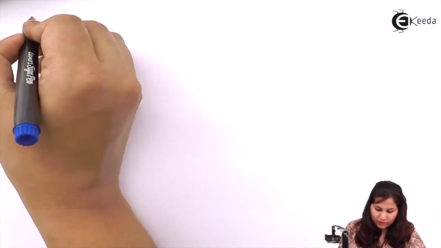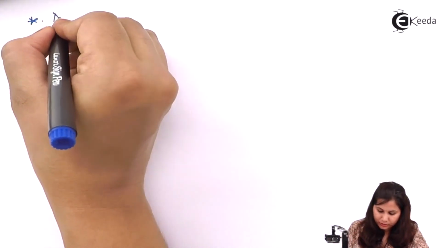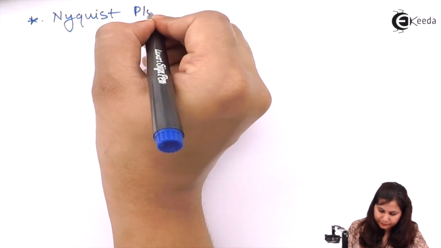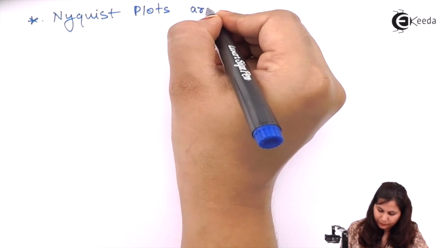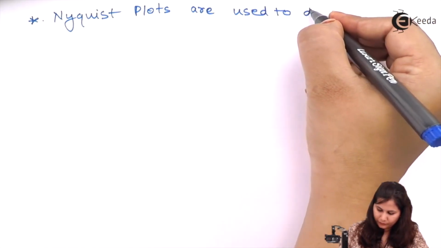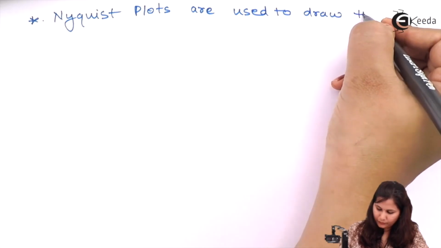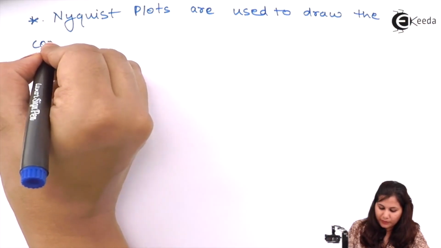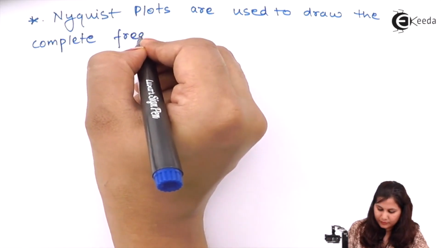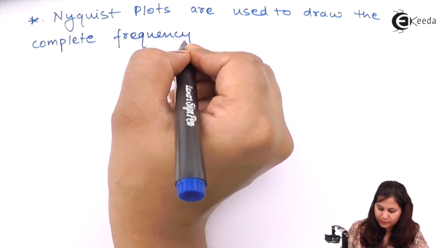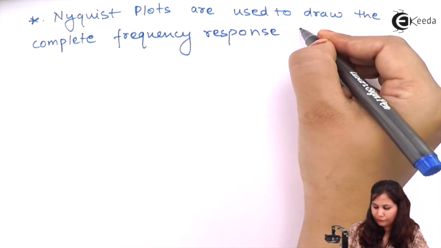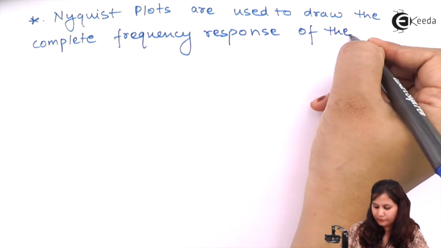So Nyquist plots are used to draw the complete frequency response of the open loop transfer function.